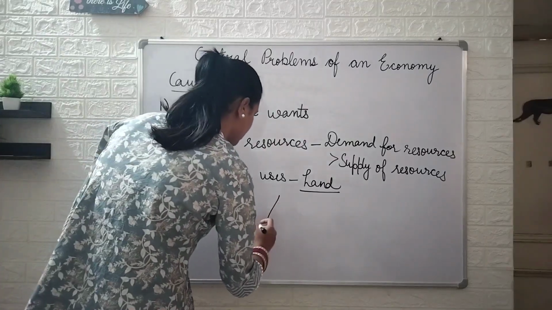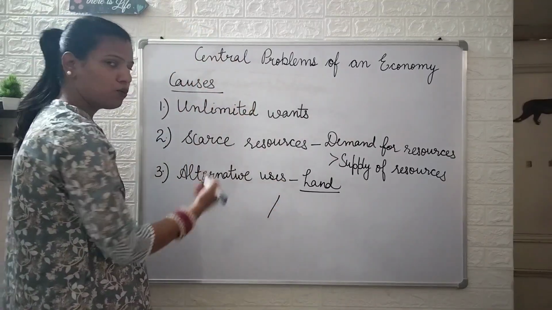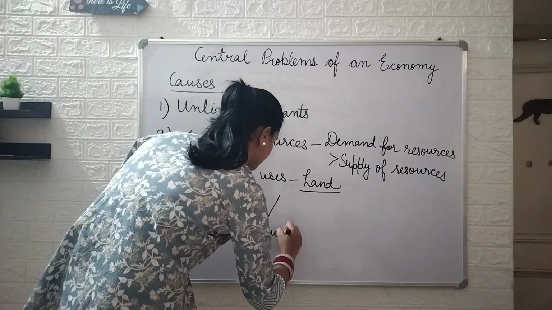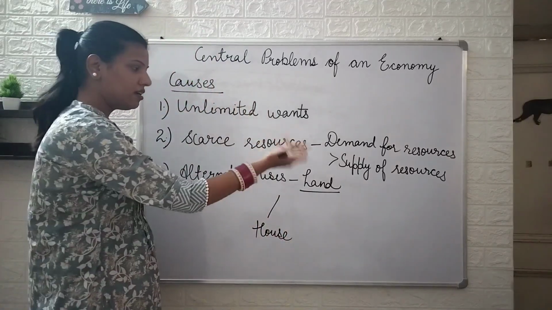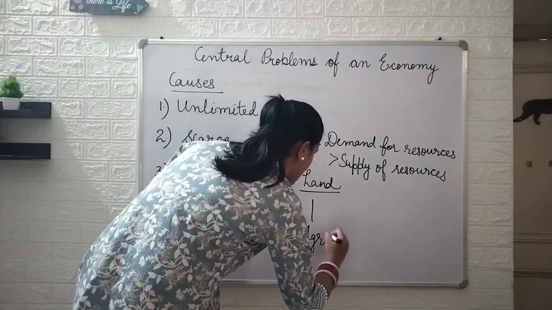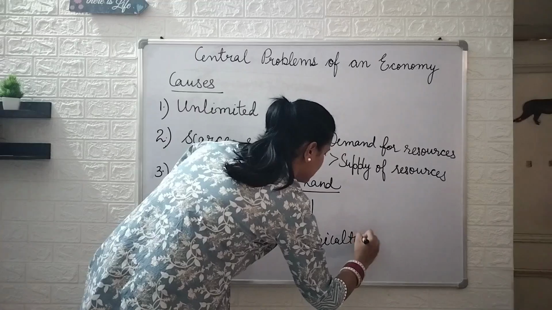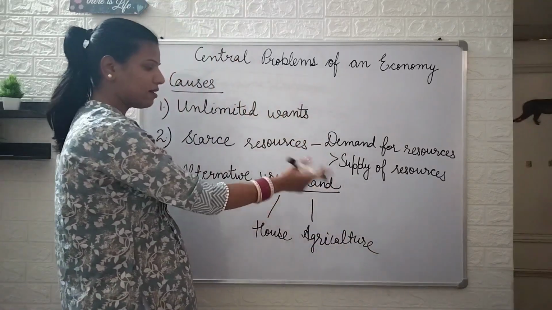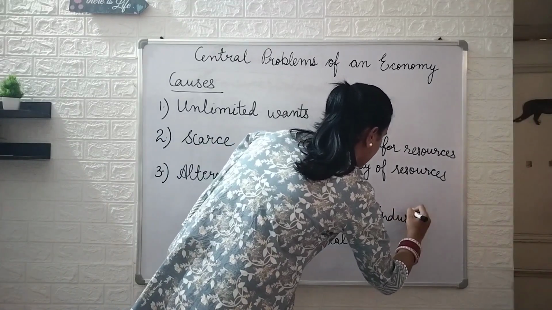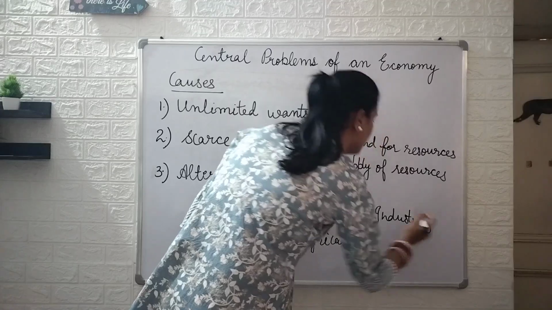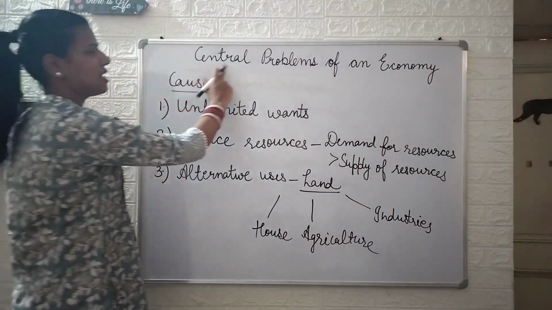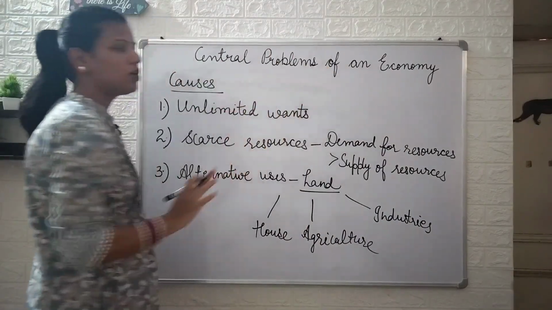Like the first use, we need land to make the house, and we also need land for agriculture, and we also need land for industries, and so on. So these are the reasons for the central problems of an economy.